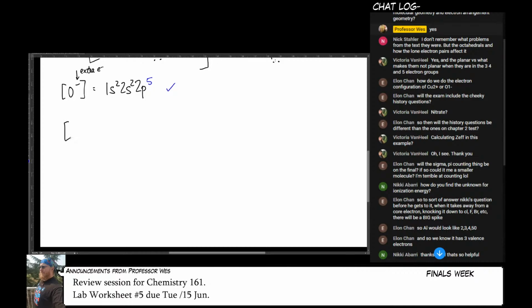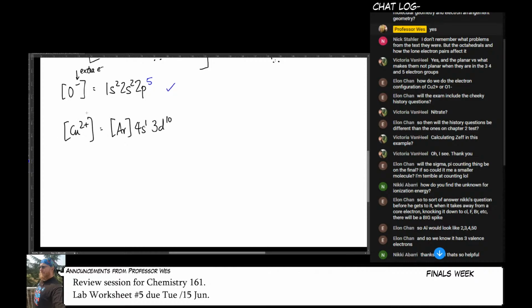Now, for something like copper, I would do the same thing. So argon, 4s2, 3d, I think it's 9, because this is going to change to my exception here. Remember that if you land on d9, steal an electron from the s orbital to make it d10.